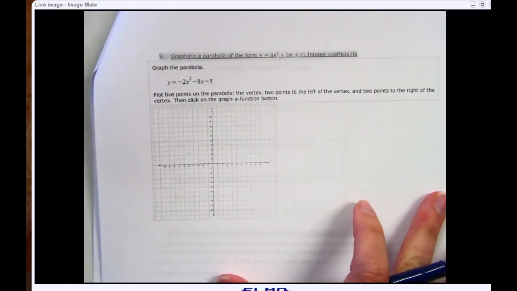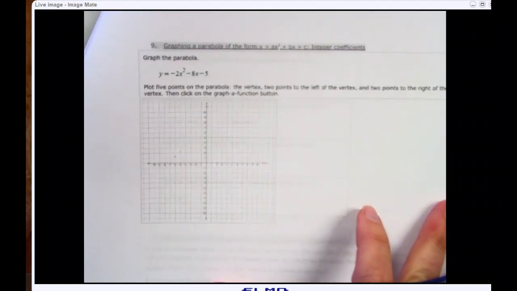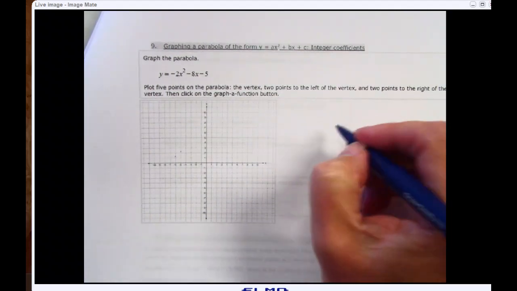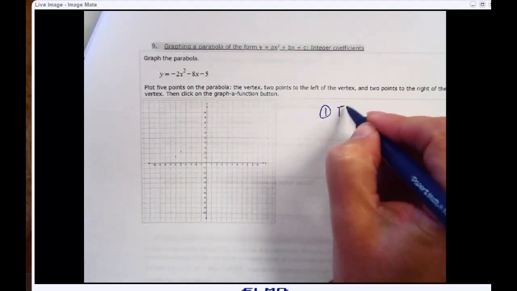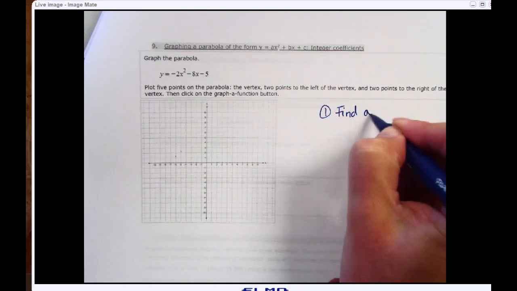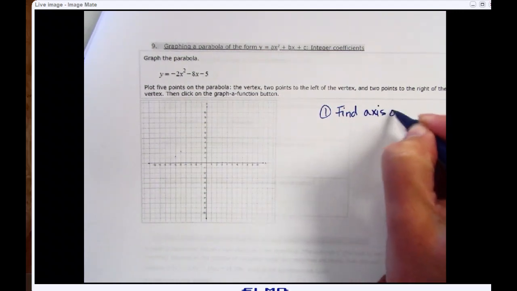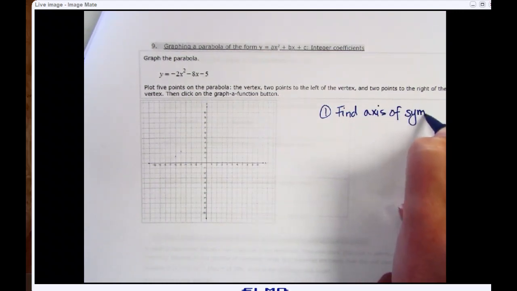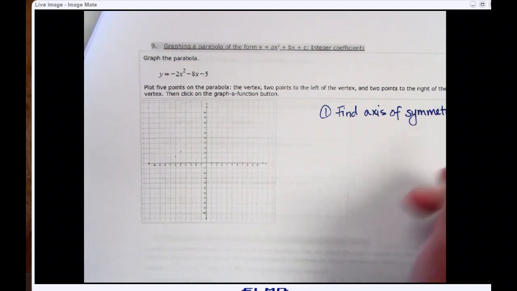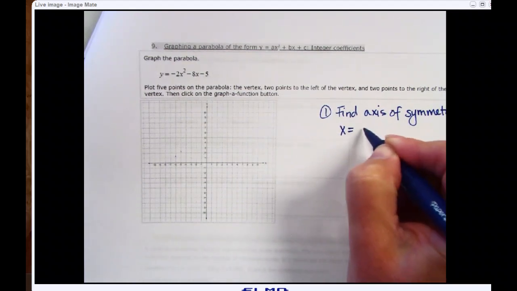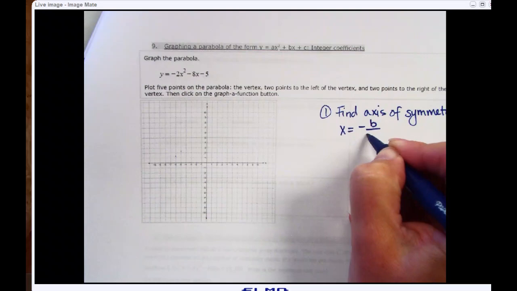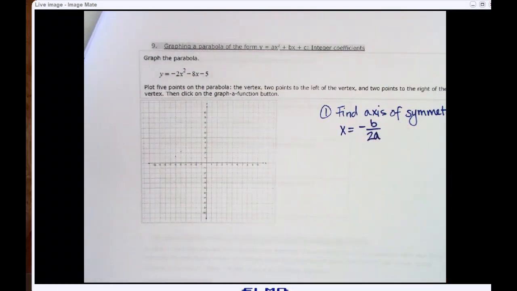All right, graph the parabola. And it is not in vertex form. So these are our steps. Find the axis of symmetry. We will use x equals negative b over 2a.